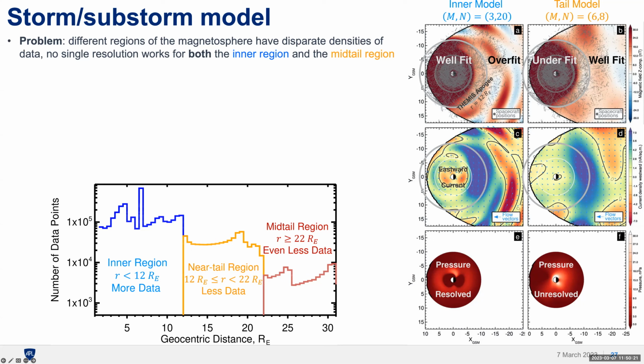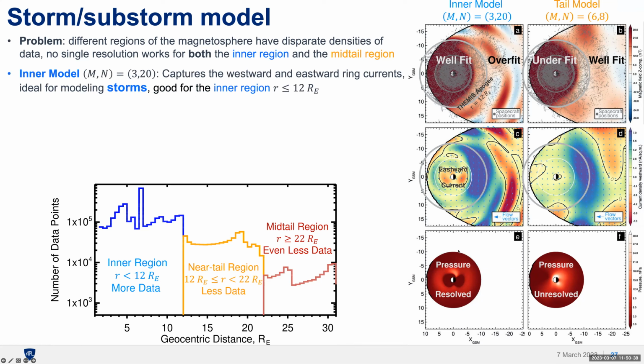So we've kind of fallen upon this 3x20 or 6x20 resolution for the inner magnetosphere. And what that resolution does is it nicely describes the eastward ring current system and gives us this nice pressure distribution in the inner magnetosphere, right?